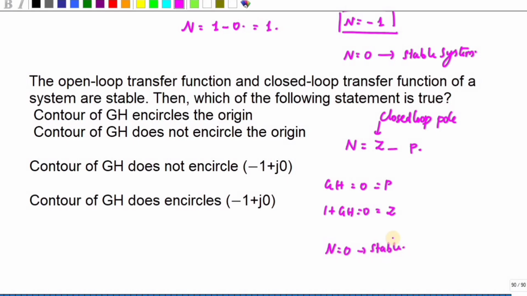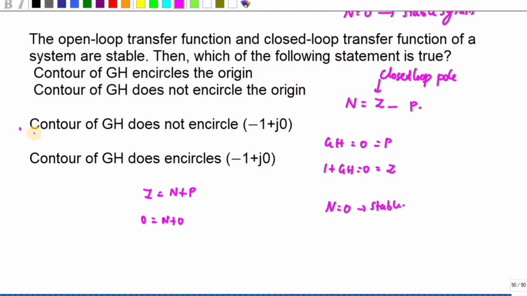So if N is equal to 0, it is a stable system, since Z = N + P. It should not encircle −1 + j0.